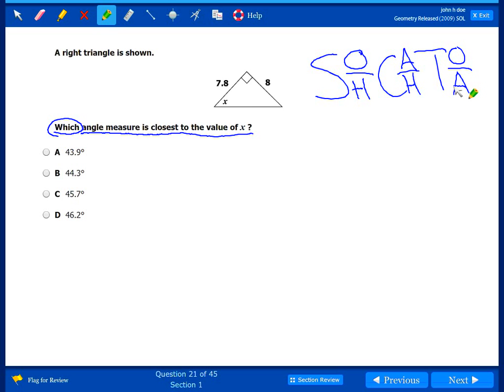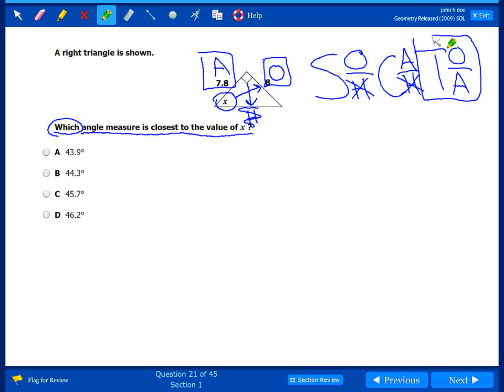So here's the angle, and we want to label our triangle H, O, and A. So remember, across from the right angle is H, and opposite and adjacent. So we have O and A. We don't have H. So we're going to use tangent.